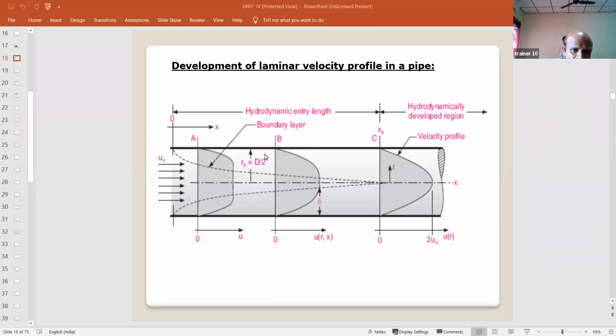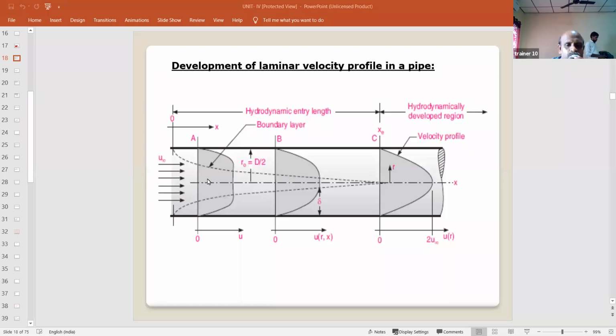Whereas in the pipeline, it is a confined space. The velocity profile or boundary layer takes place only inside the pipeline, whereas there it takes place outside the plates. That's why here we have the boundary layer, which is shown in the dotted lines.